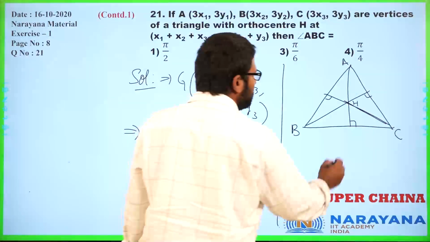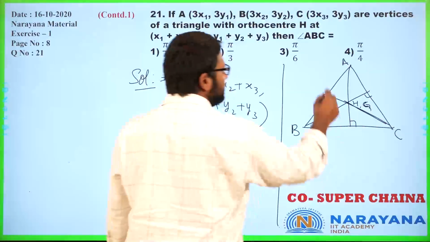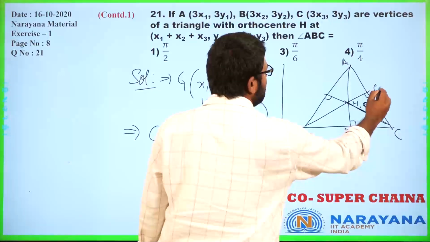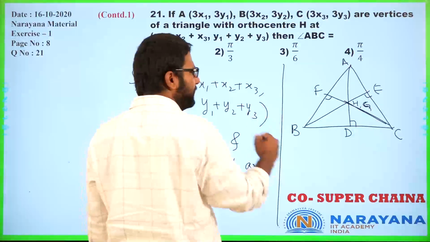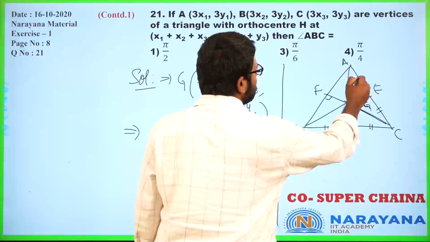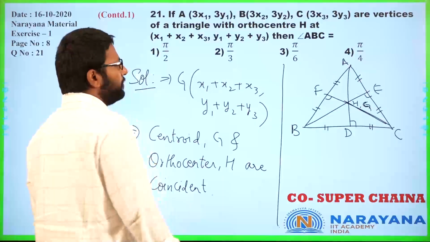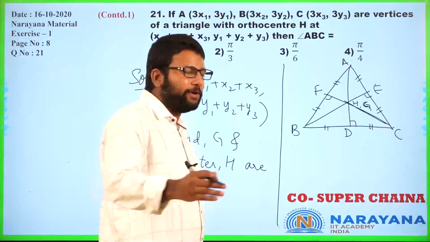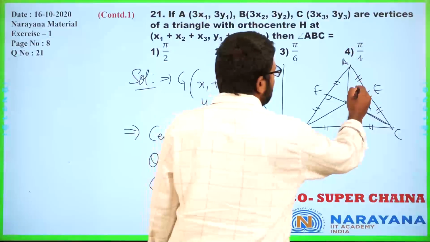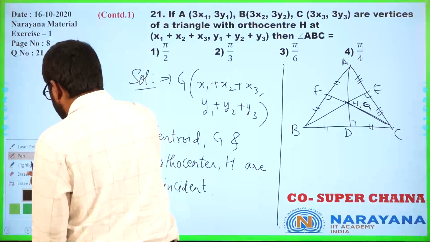And it is also the centroid, which means these are also medians: AD, BE, CF. Now if these are also medians, that means BD equals DC, EC equals EA, BF equals AF, right? On one hand you can say, because everything is so symmetric, it must be an equilateral triangle. But it is not necessary that all the sides are equal, so let us differentiate that.